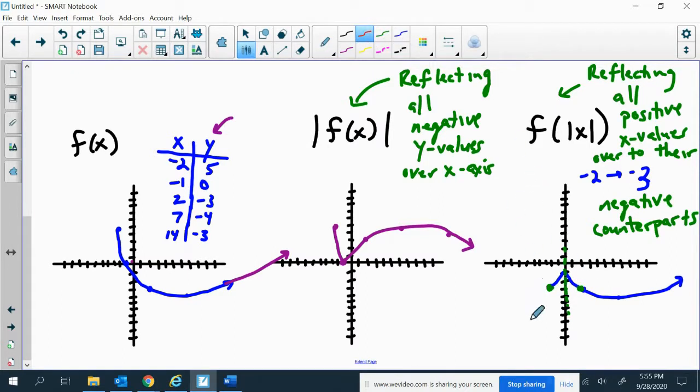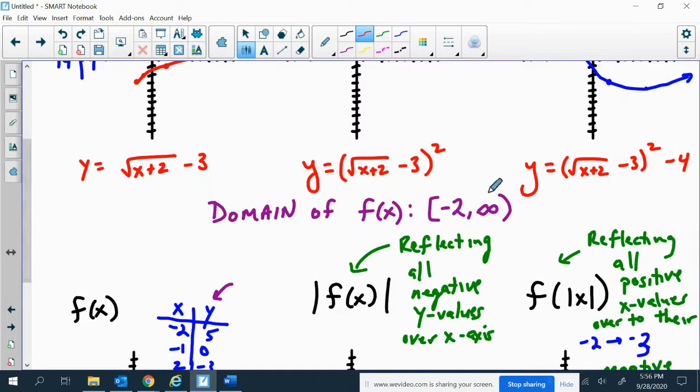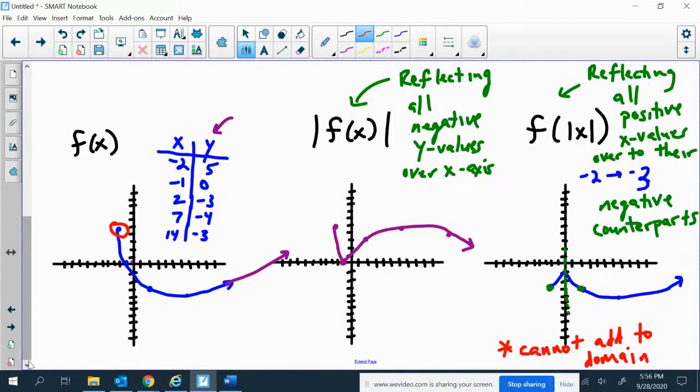However, I have to really be careful, and I cannot add to the domain. This is a risk when we're doing f of the absolute value of x, because it's tempting to just continue and mirror everything over. However, notice that the original domain of f of x stops at -2. I cannot add to the domain, so I have to have a hard stop at -2.